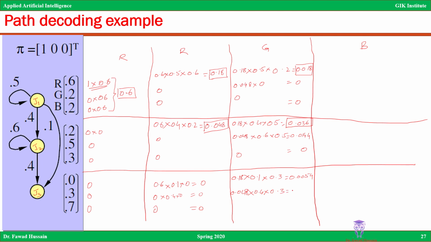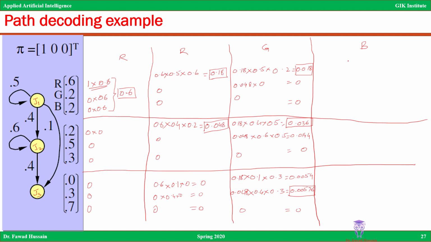This is going to be 0.00576, and here it's 0. So among these three values, the highest one is, they both have double zeros, this is 54, this is 57. So it is the second value.